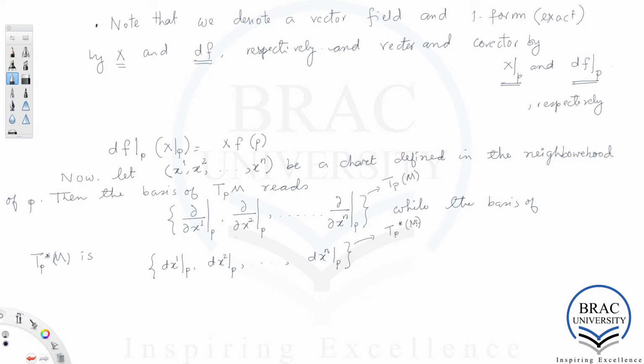Okay, so there is naturally an action of these elements on these elements, which is given by, if I choose dx mu at p acting on del by del x mu at p, right? So this is what we already defined here, right?